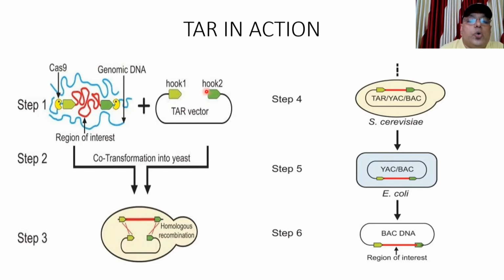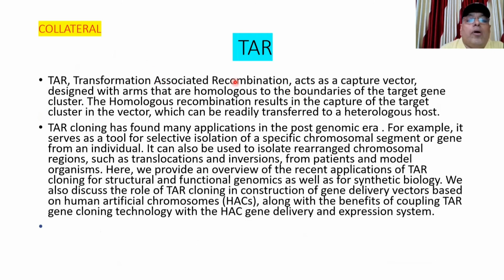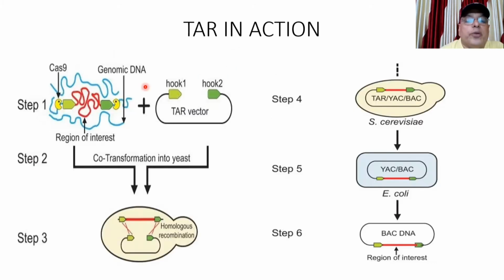So these hooks are recombination compatible. That is why it is called transformation associated recombination. That is the recombination which facilitates the transformation.